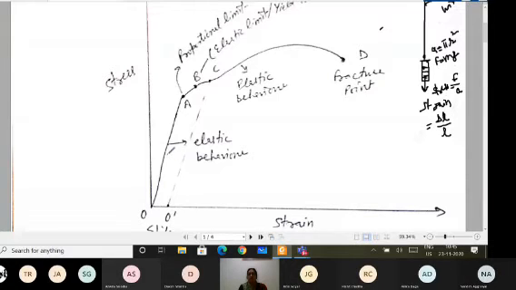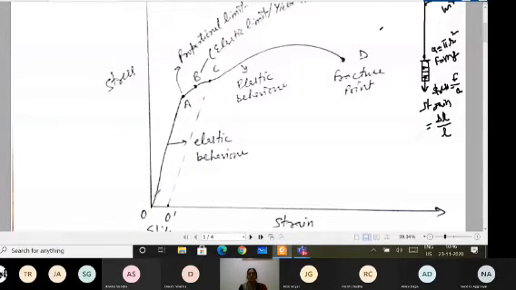It means when I increase the weight, or increase the stress, because for a given area, if you increase the force applied, you are increasing the stress, then the strain is also increasing. Both are proportional up to point A, and that is why point A is termed the proportional limit.